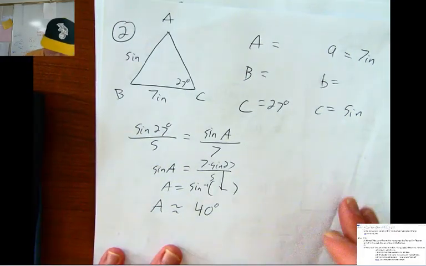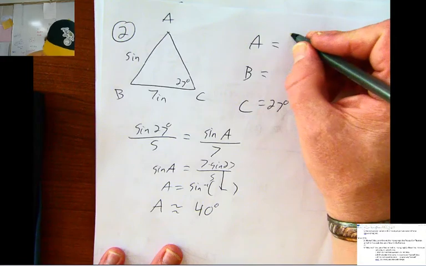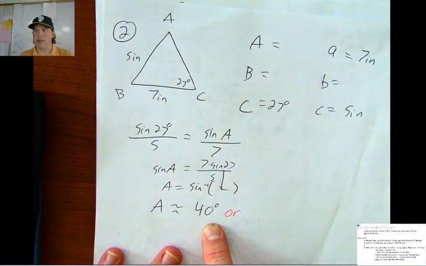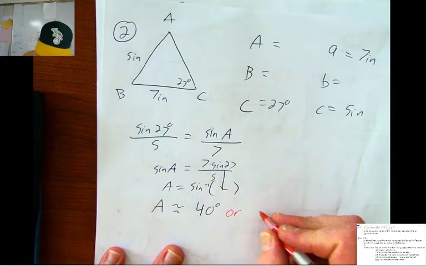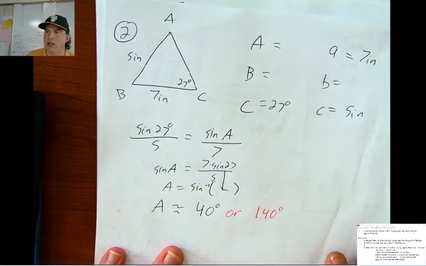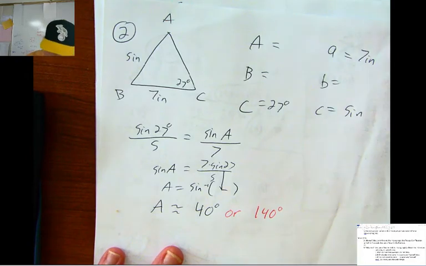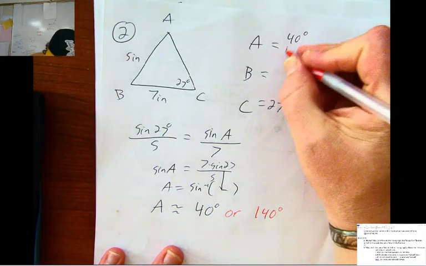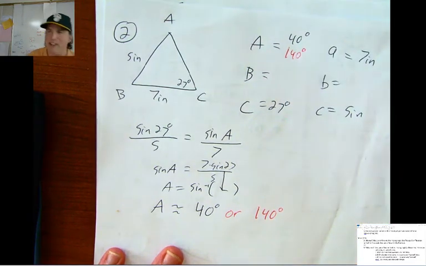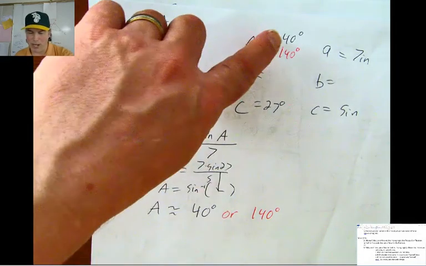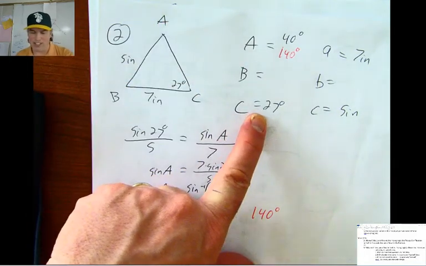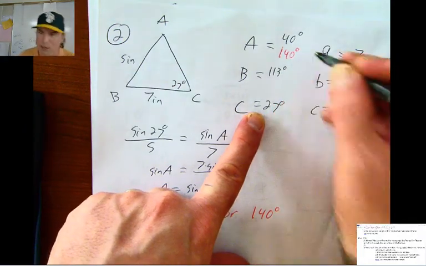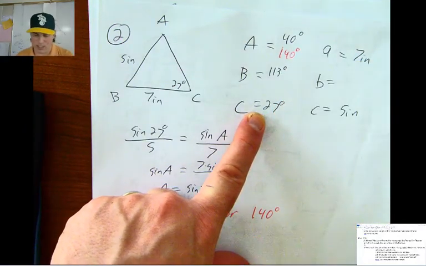So if A is 40 degrees, that means that it could also work at its supplement, which would be 140 degrees. Now we have to use common sense. On one hand, A could be 40 degrees. On the other hand, it could be 140 degrees. Is this physically possible? If one angle's 40 and one angle's 27, so far that's 67 degrees, which means angle B is going to be 113 degrees.